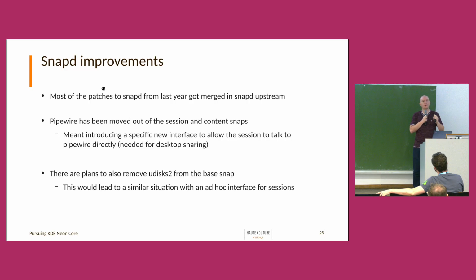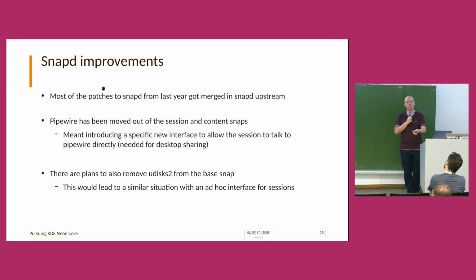There have also been other changes which were more driven by Canonical, because there are plenty of services inside of the Core 24 desktop one. They wanted to move out, for instance, Pipewire to get it out of that base snap. But if you do that and you start to confine Pipewire, then you need the session to be able to talk to Pipewire for the screen sharing.